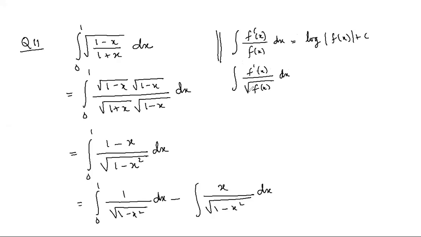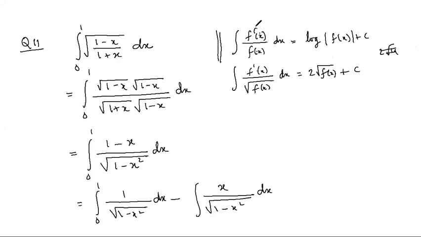If the root is present, 2 root f x is your answer. Is it right? Because if I differentiate log u, it is 1 by u into derivative of u. Same way, the derivative of 2 root u is 1 by 2 root u into derivative of u, so the 2 will get cancelled.